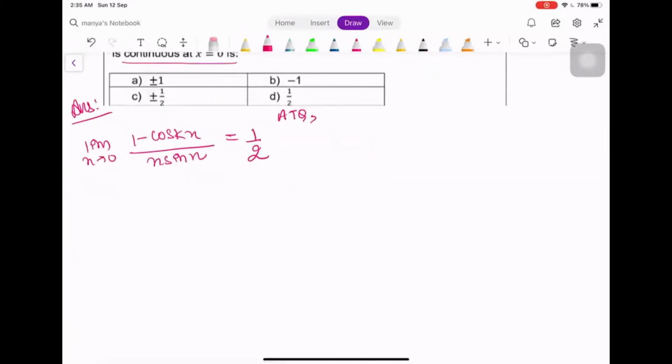So we need to change 1 minus cos kx in terms of sine so that some limit formula can be applied. We know that cos 2x is equal to 1 minus 2 sine square x. So we could write 2 sine square x is equal to 1 minus cos 2x.